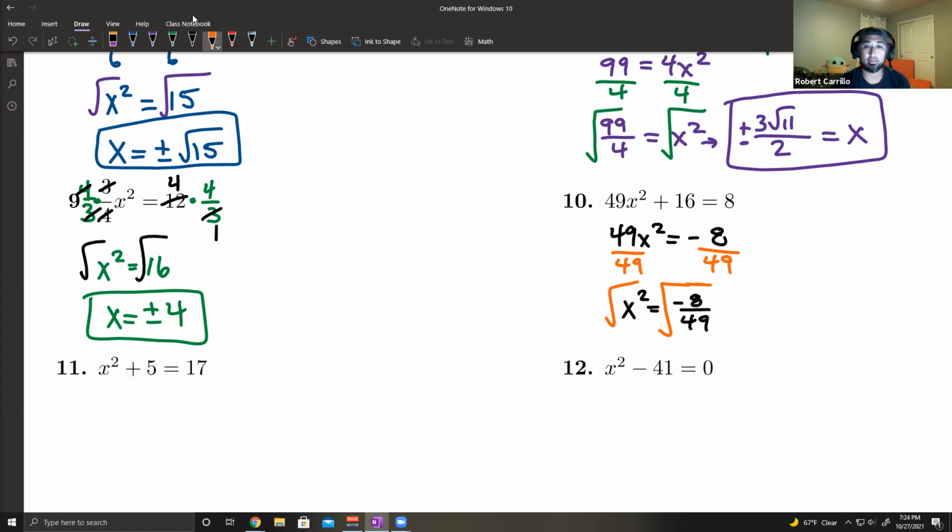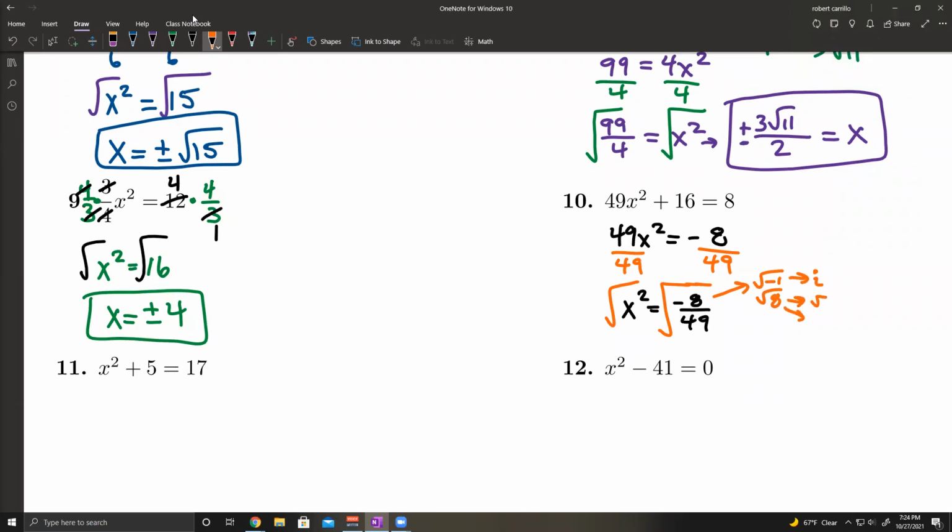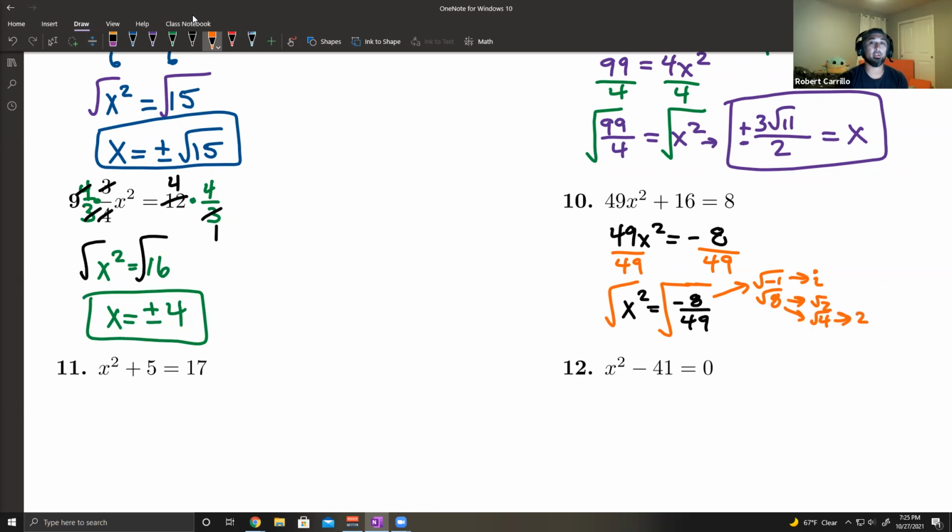So -8, that becomes square root -1, square root 8. What are two numbers that make up 8? 2 and 4. So there we go. What we're going to have is 2 square root of 2 and the i for there. Here, I should probably write that better somewhere else, just so we have the room, why not?